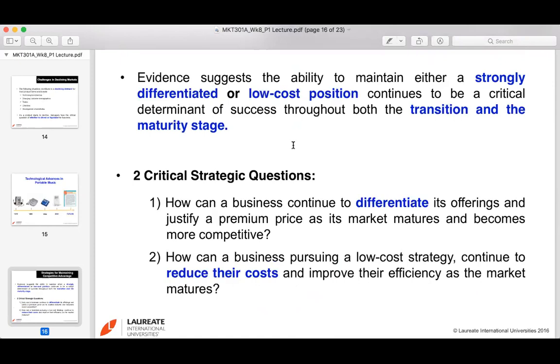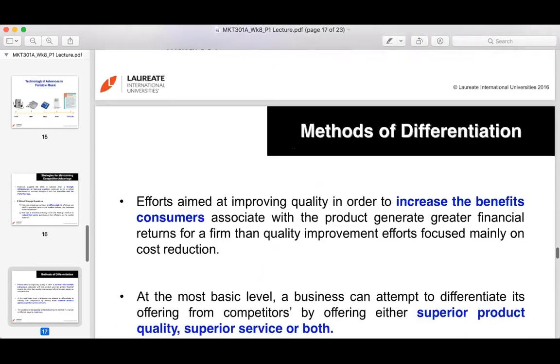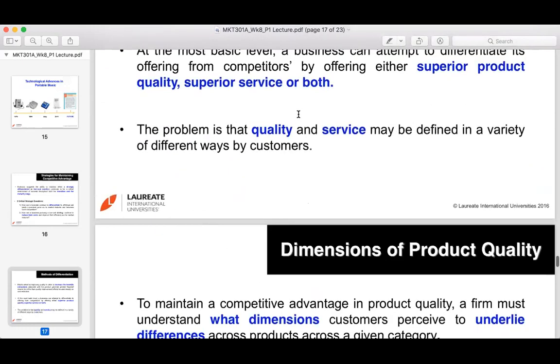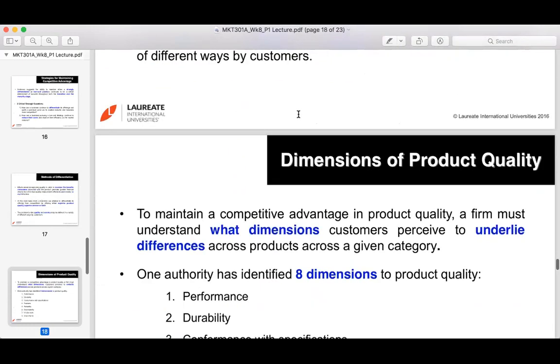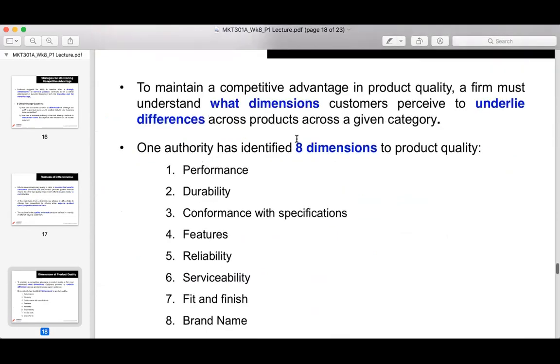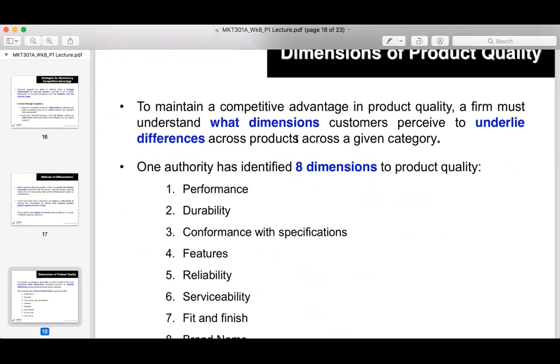So there are a number of things that may happen. If we are in the market leadership position, we can try to differentiate our offering through superior quality, superior service, or adjust the product quality. If you're in the market leadership position, we can decide to stay in the market.